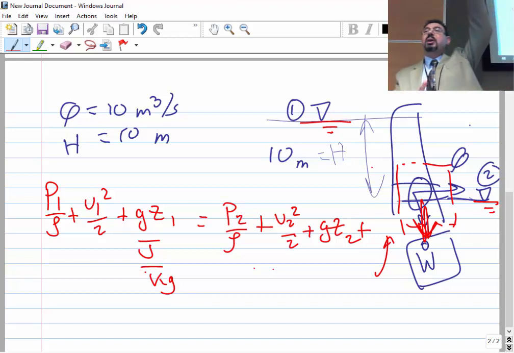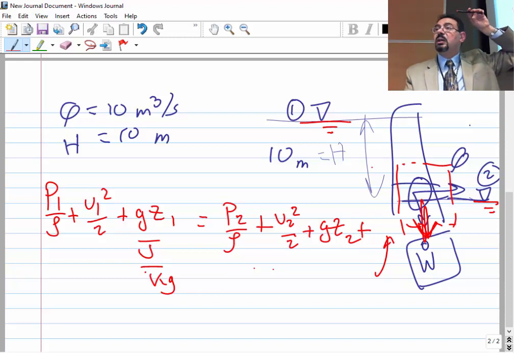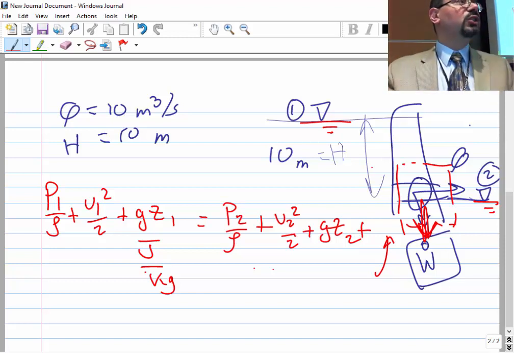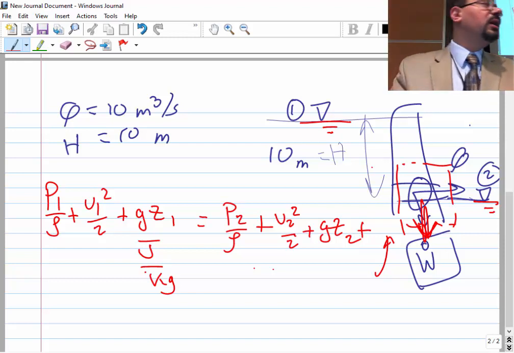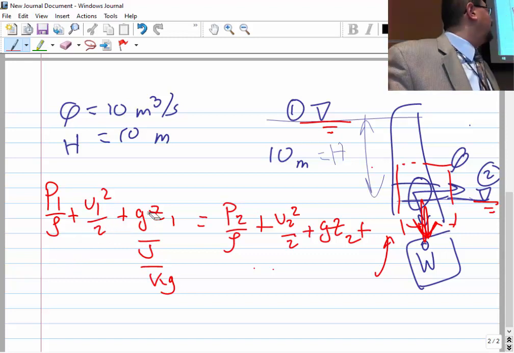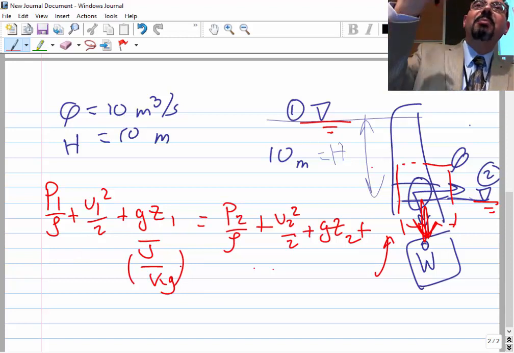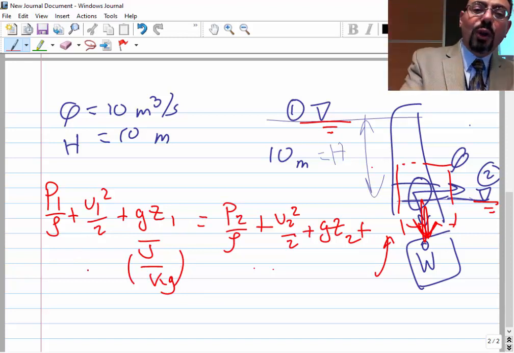And if this pen is going up like this, and I asked how much potential energy it has, you would say mgz. So mgz is potential energy, half mv square is kinetic energy. The V square over 2 and the gz are all missing the m to become joules. So all of them are joule per kilogram.